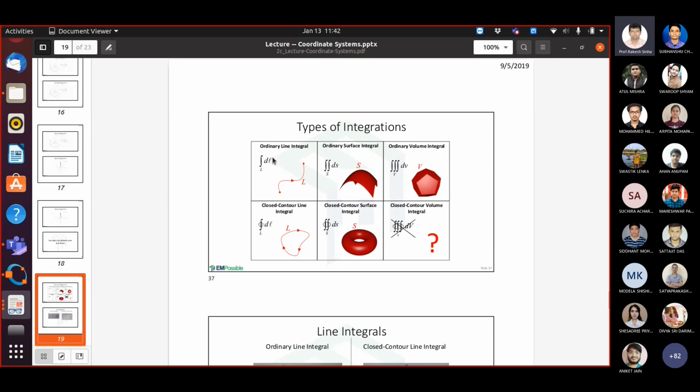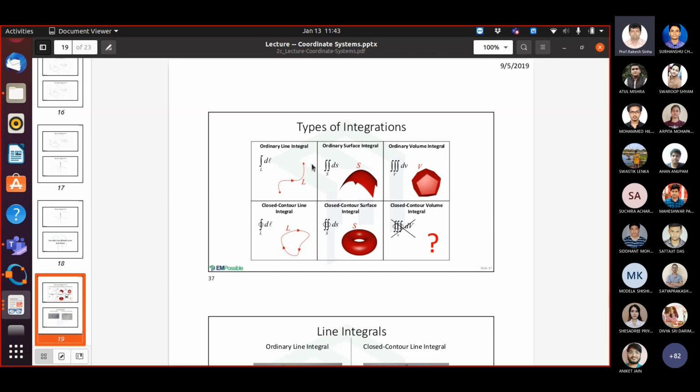Let's say you have a vector quantity which is varying over this field, for example an electric field, and you want to move a charge from this point to this point following this line. How much work is done? For that, you need to do one line integral.